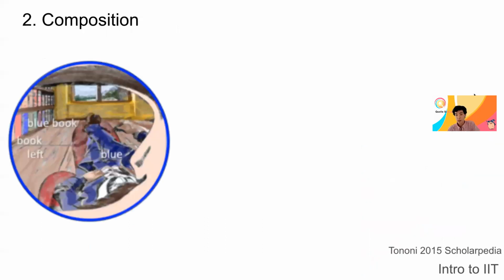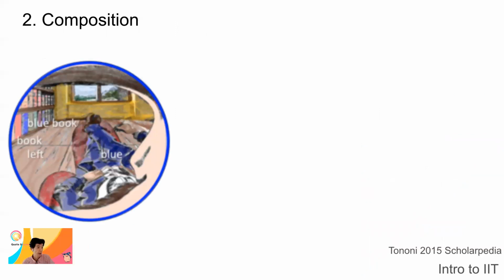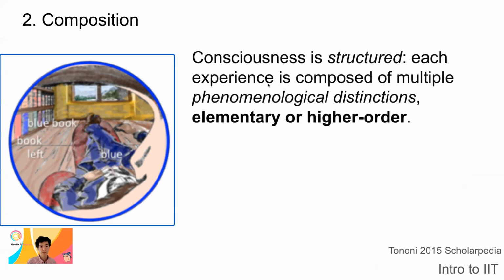And here comes this critical property of our conscious experience, which is composition. The composition axiom says that consciousness is structured. Each experience is composed of multiple phenomenological distinctions, either elementary or higher order.